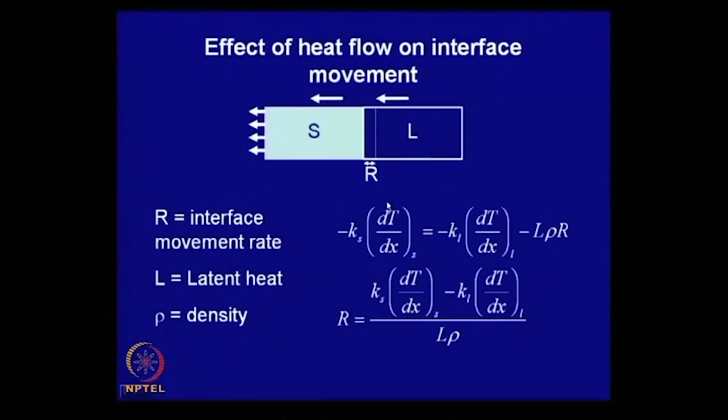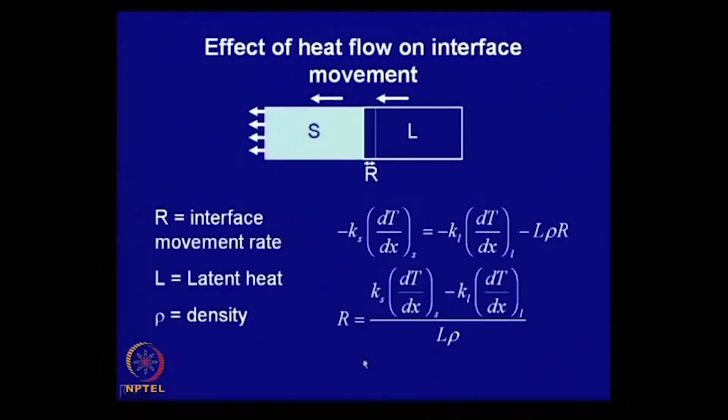In fact, this expression gives you a heat balance, that is, how the heat is extracted from this liquid so that it solidifies, and here some amount of latent heat will come out, and that latent heat also has to be extracted, and the only direction it can flow through is this.